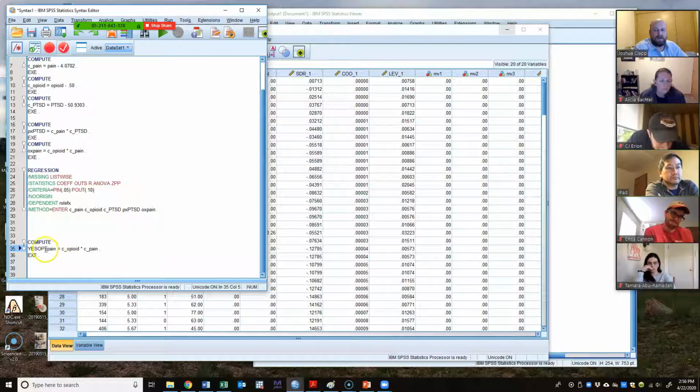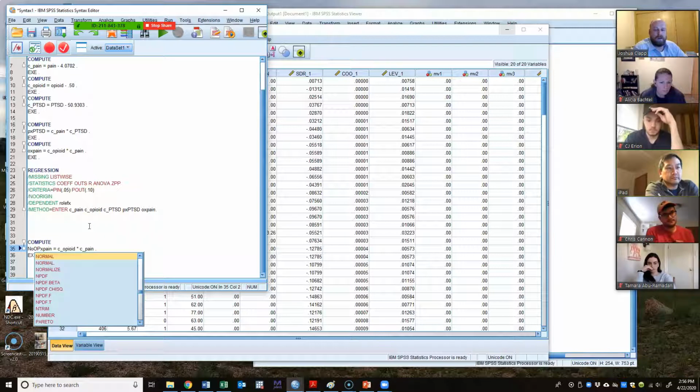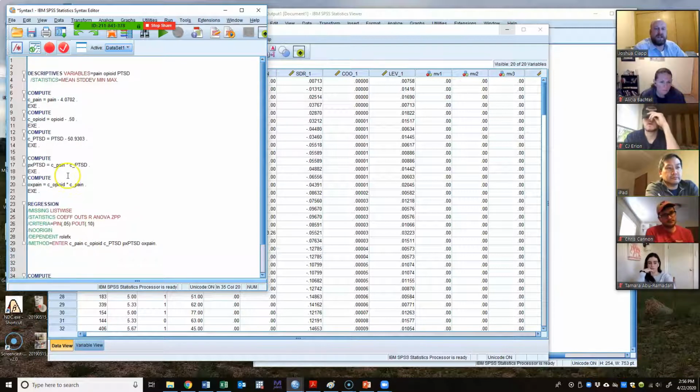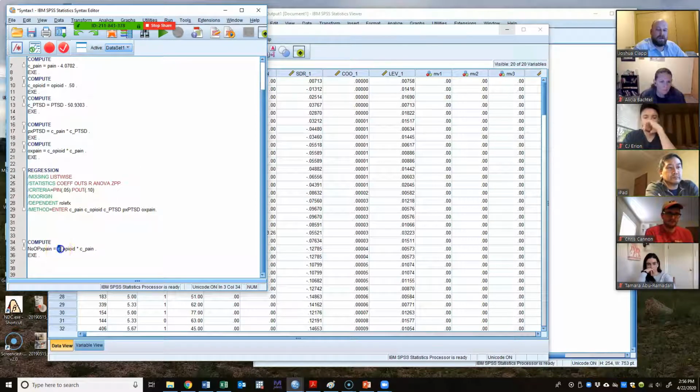And this is going to be no opiate by pain. And instead of centered opiate use, I'm just going to put in my regular old code here, okay?